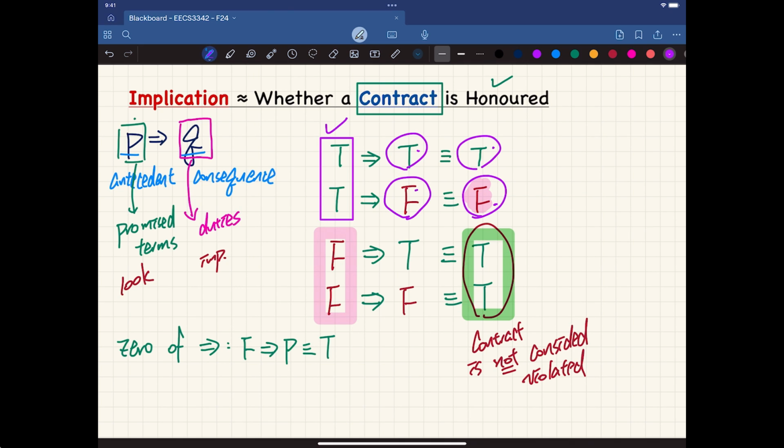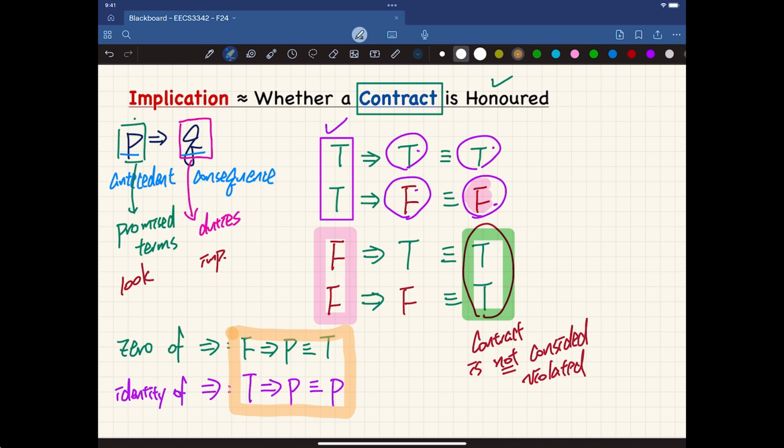And that's called the identity of implication. Identity of implication: true implies P is equivalent to P. All right? Hopefully you have seen this before, and it's good to recall. So these are the two important theorems, or axioms, for implication.